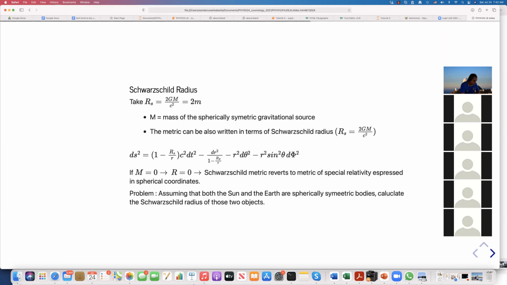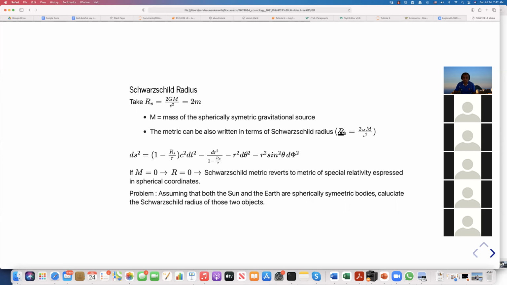Now, there are sources, even on the internet, where you can find the mass of the Sun, the mass of the Earth, and the value of the gravitational constant. So all you need to do is plug those values in for G and M, and then c squared, and then find the Schwarzschild radius, right?